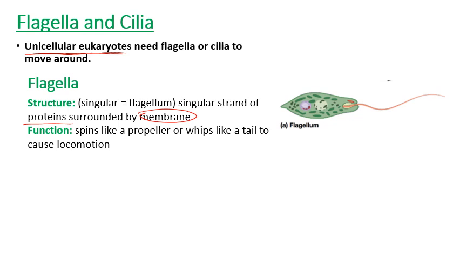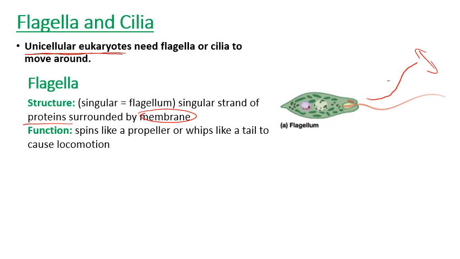And just like the tail of a snake, the flagella either whips along back and forth, or it spins in a spiral motion like the propeller on a boat. And so both of those motions cause that little cell to swim along and move forwards.